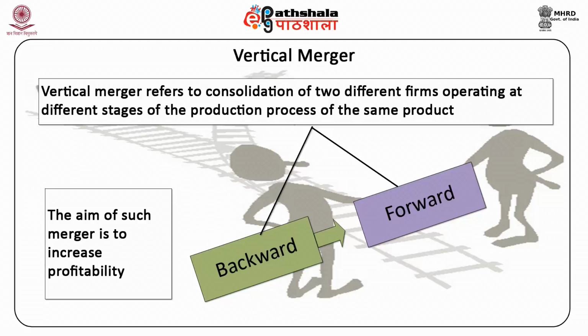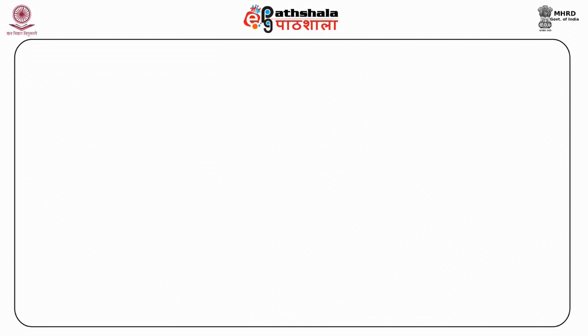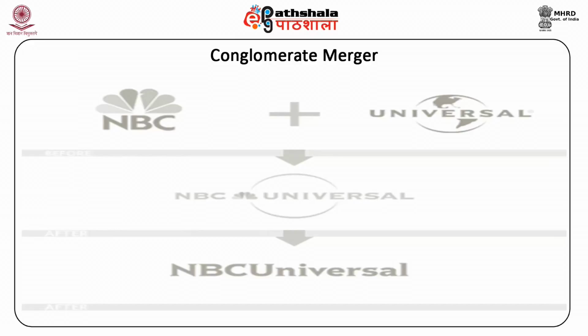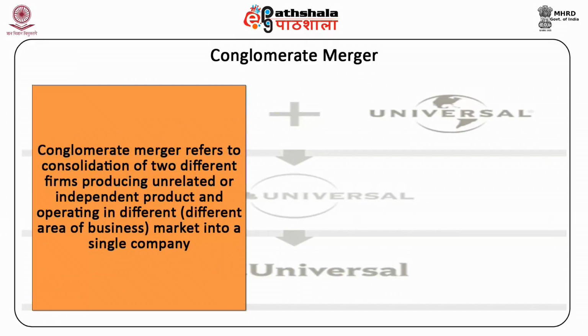Third is conglomerate merger. Conglomerate merger refers to consolidation of two different firms producing unrelated or independent products and operating in different areas of business market into a single company.